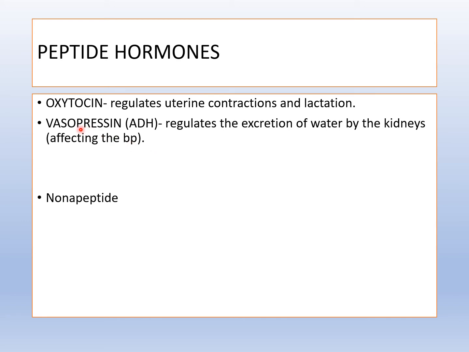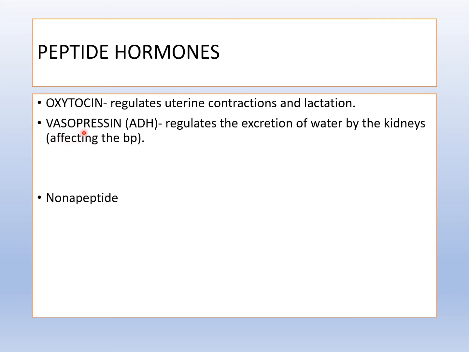Again, vasopressin or antidiuretic hormone. Oxytocin regulates uterine contractions and lactation. So basically, there is a high oxytocin level in pregnant women, most especially during labor.